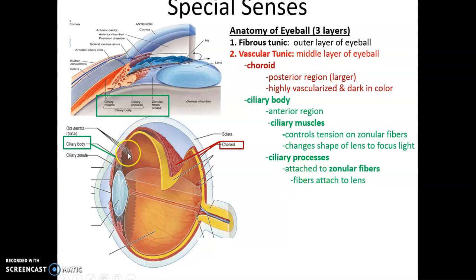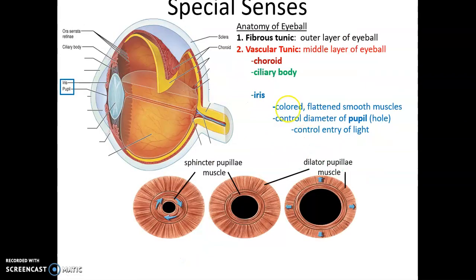So the ciliary body is a ring of smooth muscle tissue, composed of ciliary muscles that control the tension on zonular fibers that connect to the lens via ciliary processes. And then the ciliary body is able to control the shape of the lens.